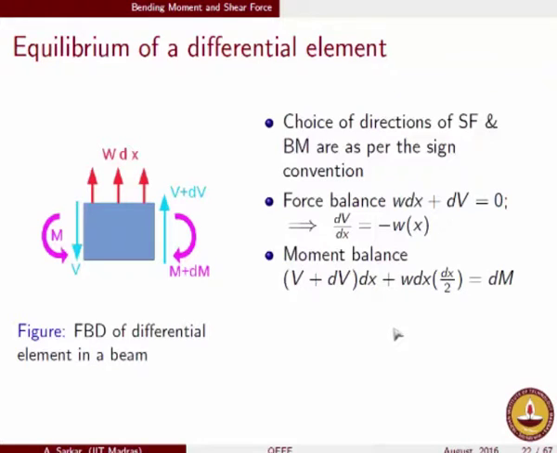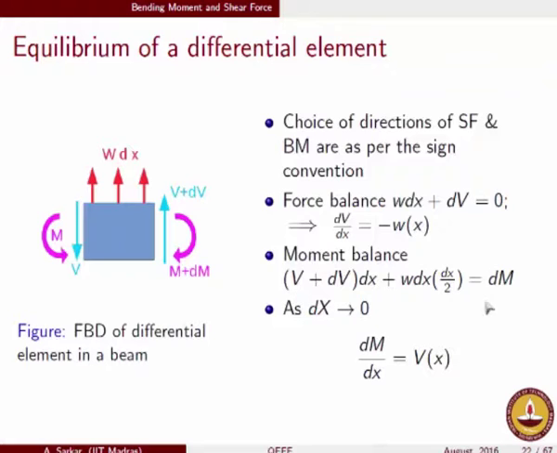Now if dx is really small, then there is absolutely no need to consider the second order quantities such as this one, right. Even this dv dx is a second order quantity. So these two quantities can be cancelled, and what you are left with is v dx equals dm.